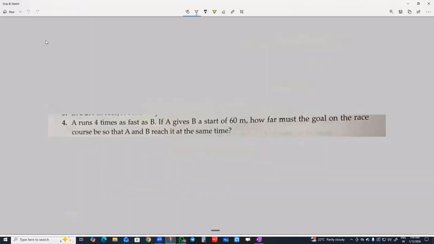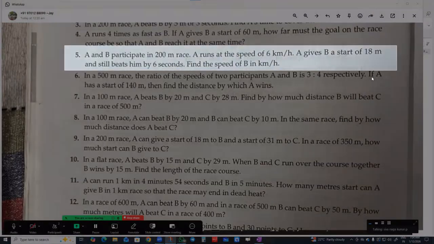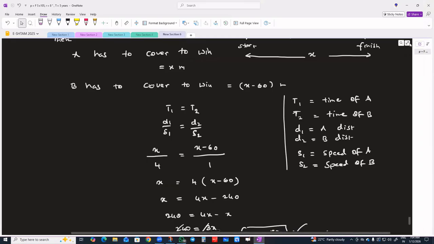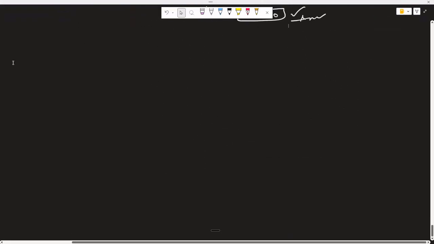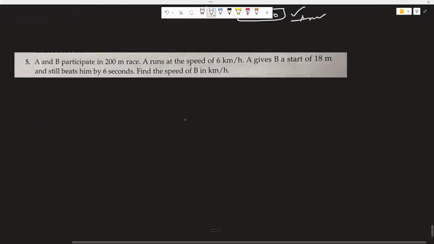Problem number 5. A and B participate in a 200 meters race. A runs at the speed of 6 kilometers per hour.